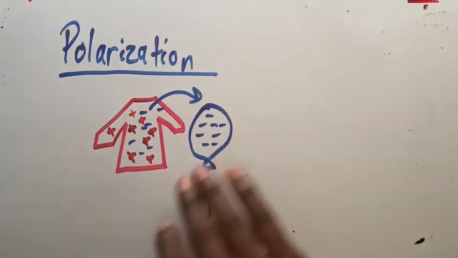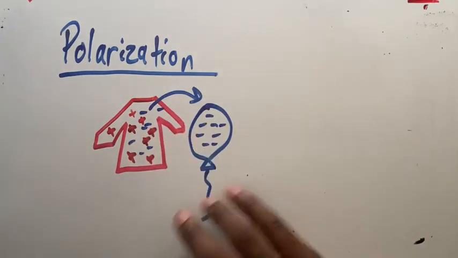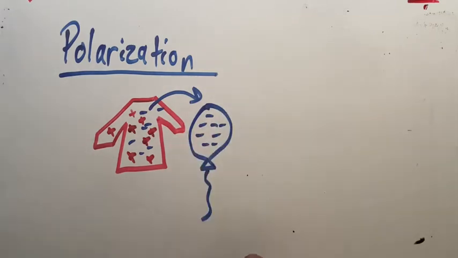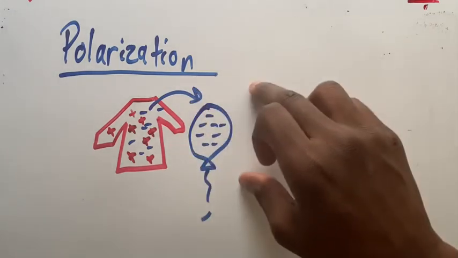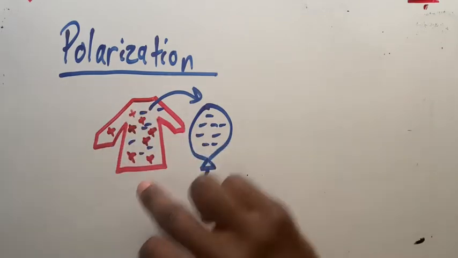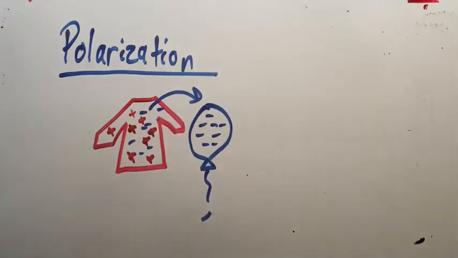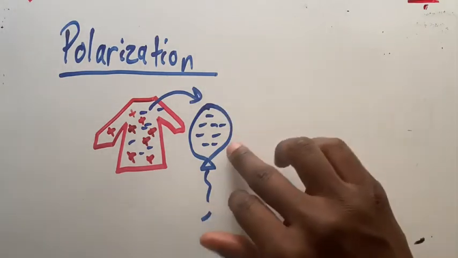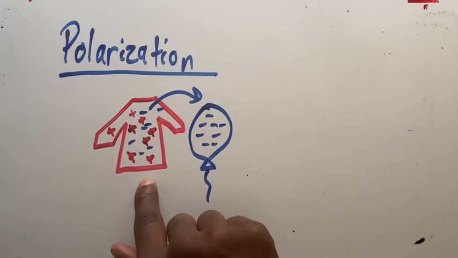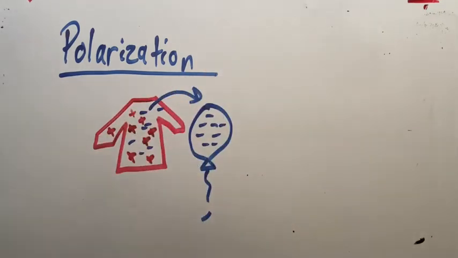So once you rub this balloon onto this shirt, now these objects have an opposite charge, right? This balloon has an overall negative charge. This shirt has an overall positive charge. So now after you rub this balloon on your shirt, the balloon picks up some charge. Now this balloon is going to be attracted to the shirt and will actually even stick to the shirt, right?